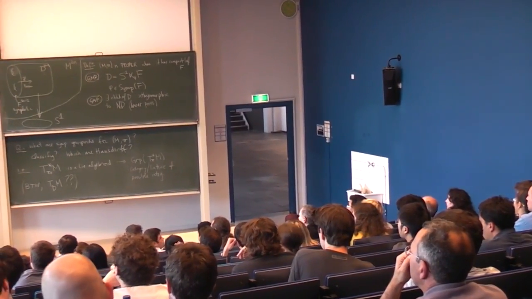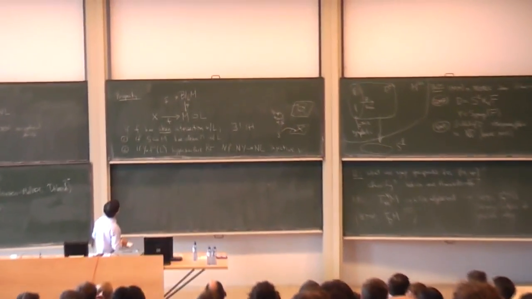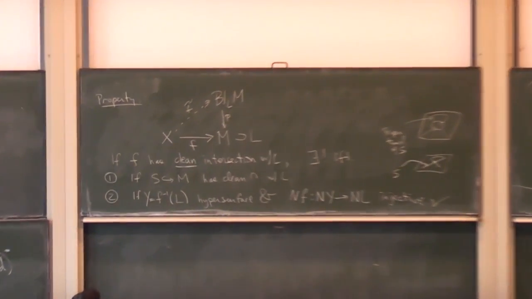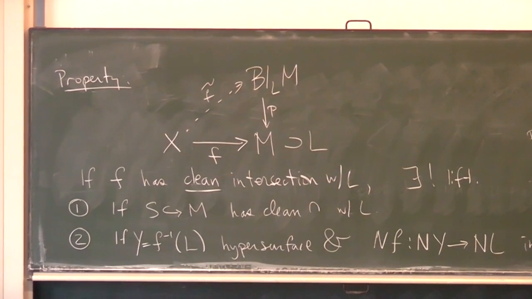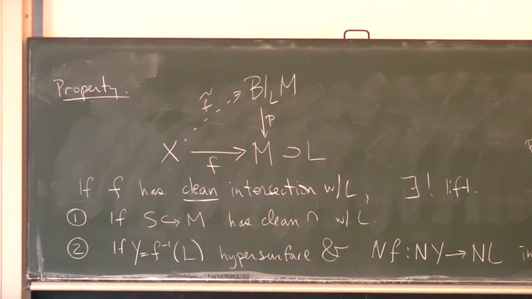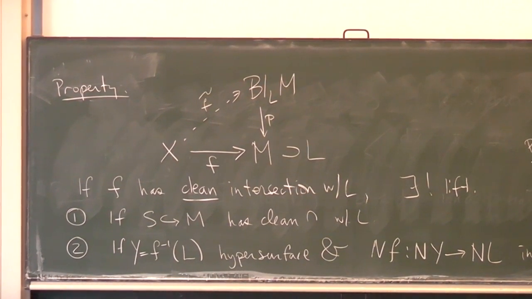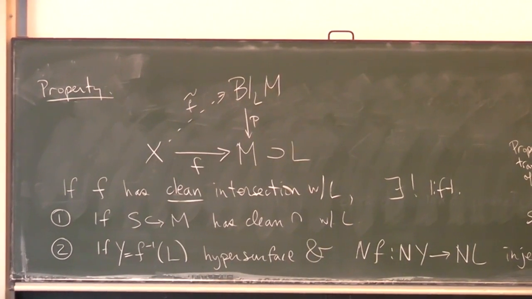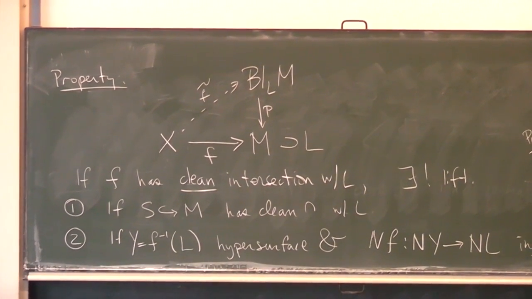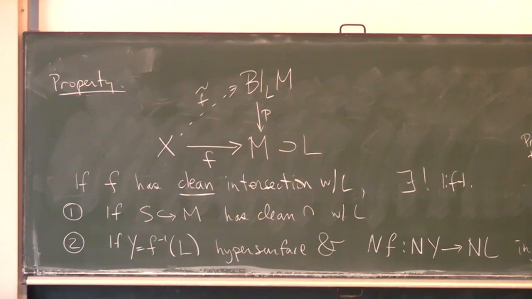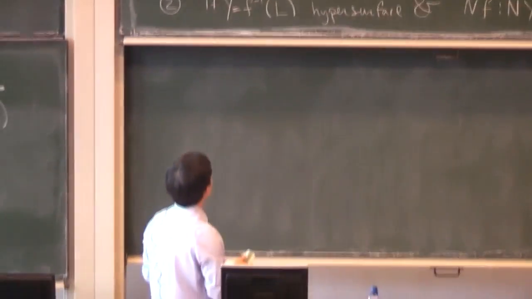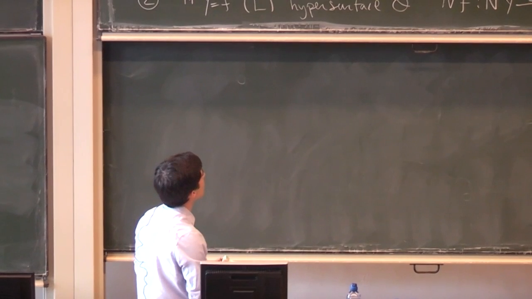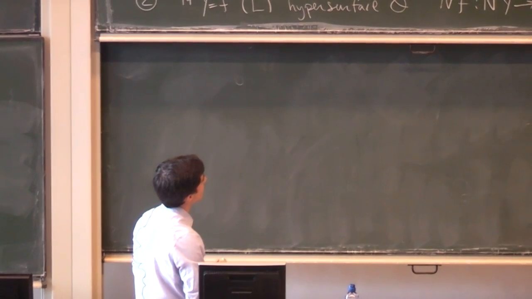If F is equal to L, and F is the inclusion, then the lift, the proper transform, would be just the whole exceptional divisor, I think. Then the lift is something bigger than X. You're right.